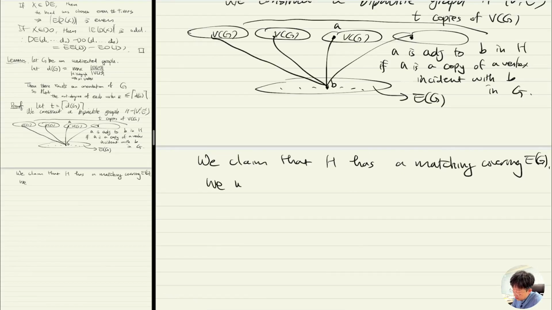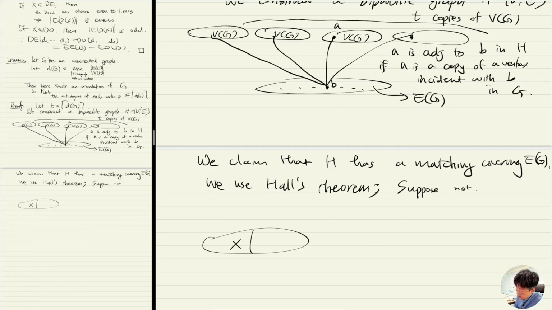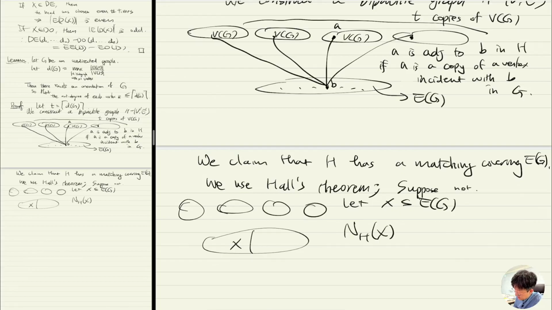And how do we know that H has a matching covering E of G? We use Hall's theorem, of course. Suppose not. Let X be a subset of E(G). What is N_H(X)?